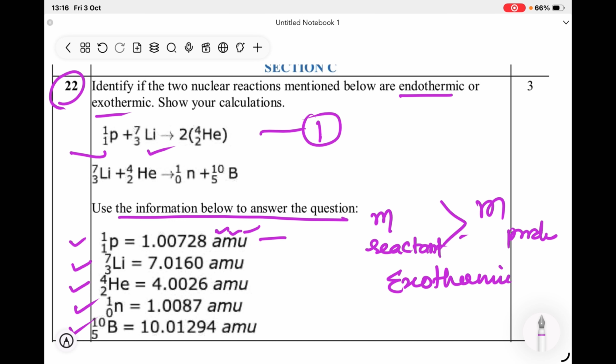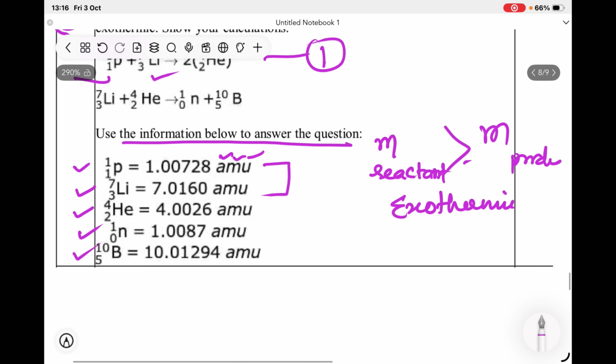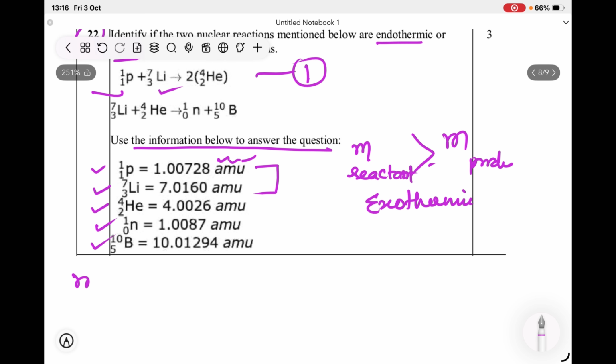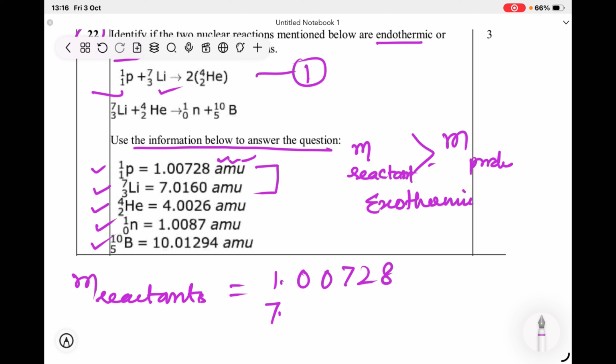So you can add the masses of proton and lithium. So suppose I add mass of reactants for first reaction. So I will add these two: 1.00728 AMU and 7.0160 AMU. So you can add them: 8.0233 AMU. This is mass of reactant.